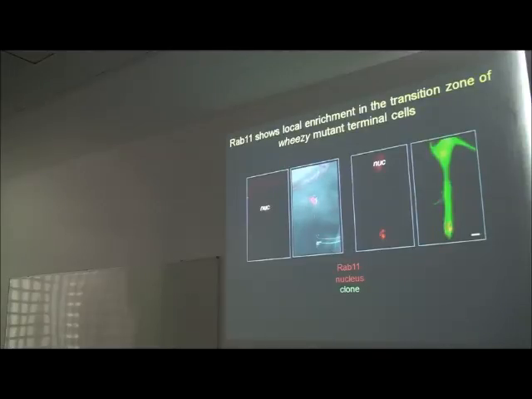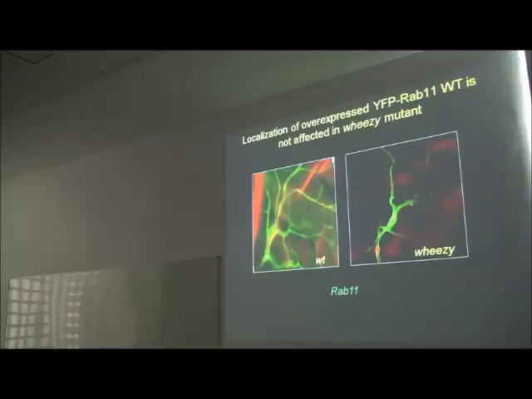So this result we had with an antibody generated by another lab that we couldn't get more of. So we went on to try to characterize it further using YFP-tagged RAB11, but no longer looking at endogenous RAB11, but overexpressed RAB11. So when we do this with just a wild type YFP-tagged RAB11, RAB11 looks like it's everywhere now, no longer restricted to those little foci of recycling endosomes.